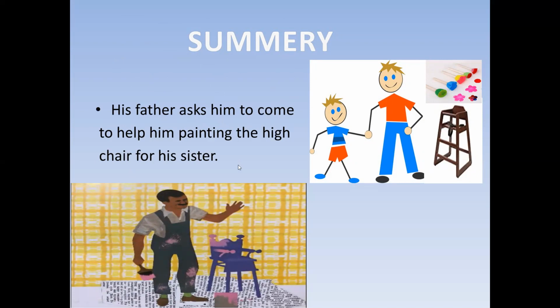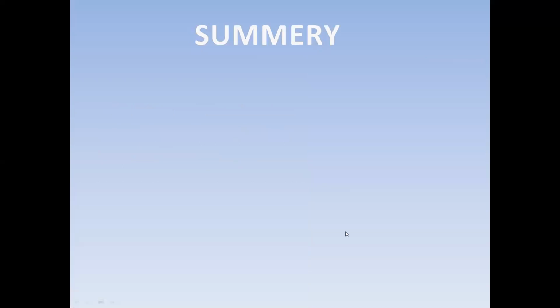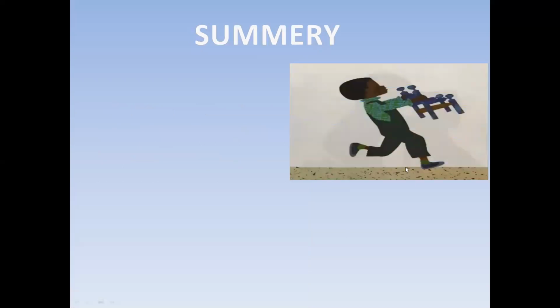Let's see what happened after. Now look at this picture and guess what happens. He agrees and paints with his father or no? Who can tell me? Yeah, he feels angry.